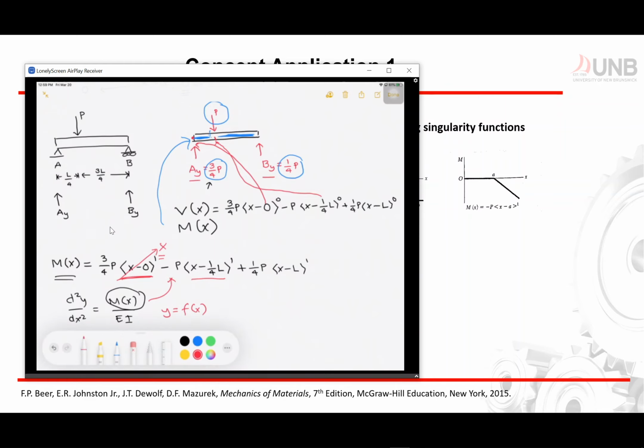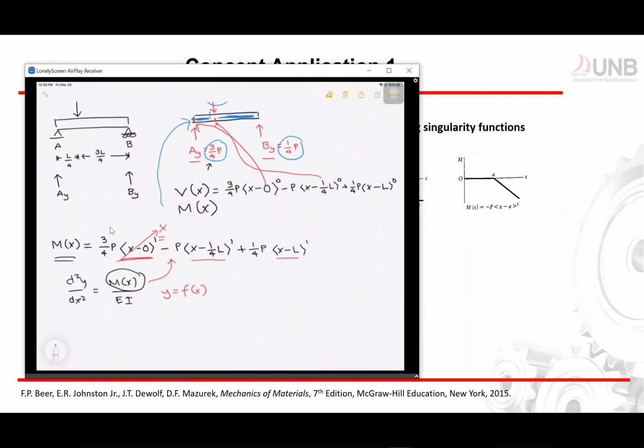Now we look at the third term, which is x minus L. If you think about x minus L, this x could change from 0 up to L. That's the whole length of your beam, which means that x minus L is a negative number, or at best it's 0, which means this term would be 0 here.